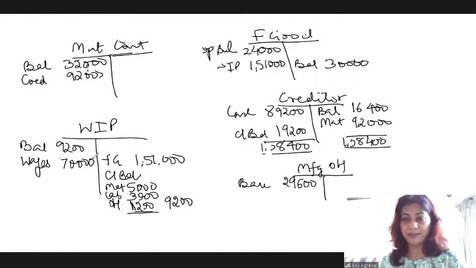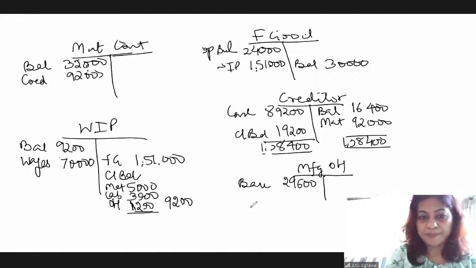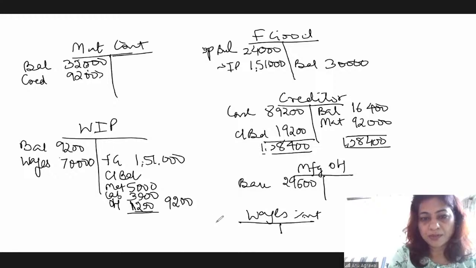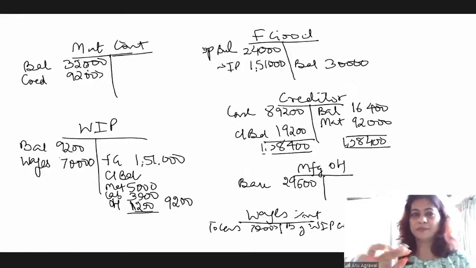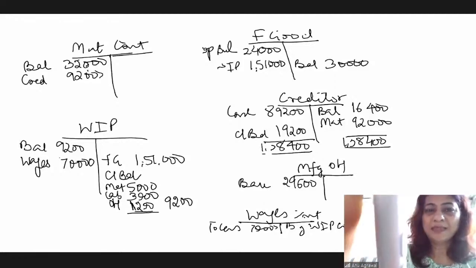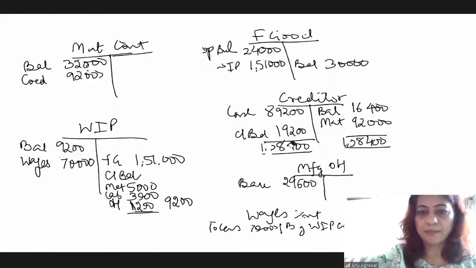Each worker is paid at the rate of 10. So if I would have made a wage control account here, it would be to cash 70,000. No direct, indirect, they have told me, so I would have transferred it to WIP account. I hope I'm clear. Okay. I'm rubbing this account because, you know, okay.